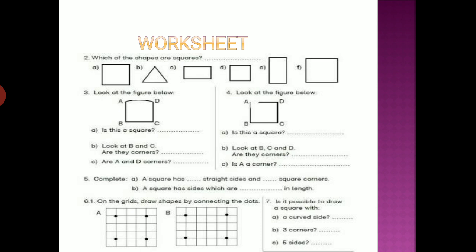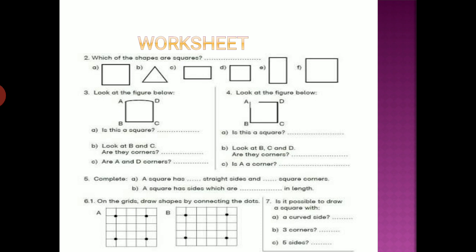Look at the figure given below. Next, fourth question, A, B, C, D. Is this a square? No, it's not a square, because square is a closed figure. Look at B, C and D. Are they corners?